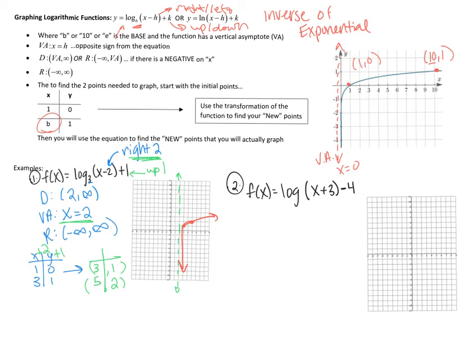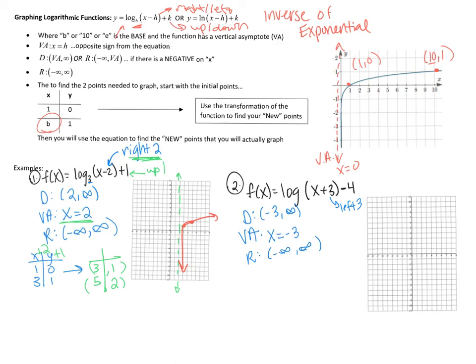We're going to come up with our domain, which means that we need to know about the vertical asymptote. So this is going to be moving to the left 3 this time, which means I'm going to have x equals negative 3. And my domain would be from negative 3 to infinity. My range is always going to be that all real numbers, or negative infinity to infinity.